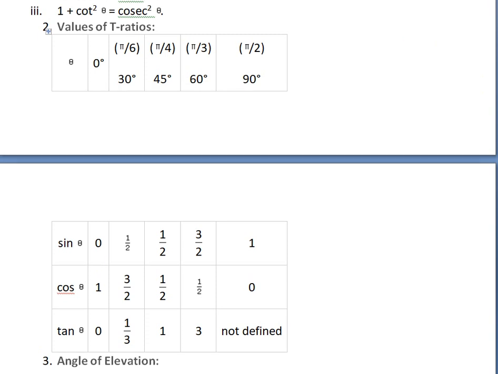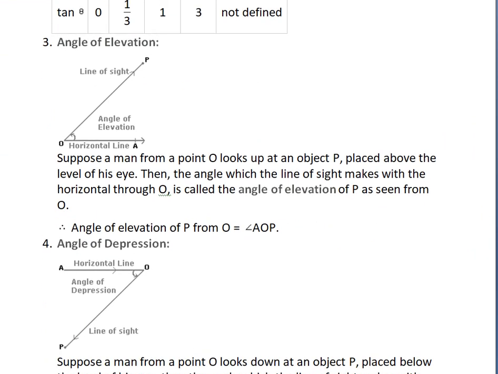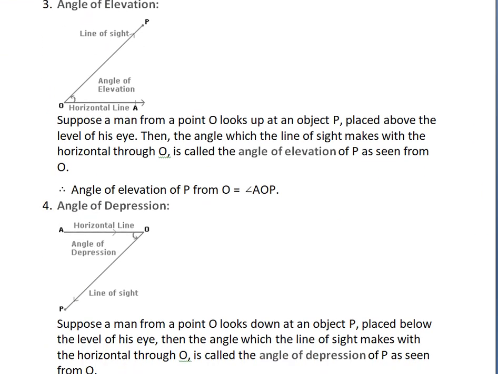So now we will see what the angle of elevation and angle of depression are. Angle of elevation: suppose a man from a point O looks up at an object P placed above the level of his eye, then the angle which the line of sight makes with the horizontal through O is called the angle of elevation of P as seen from O. The angle of elevation of P from O will be angle POA or AOP.